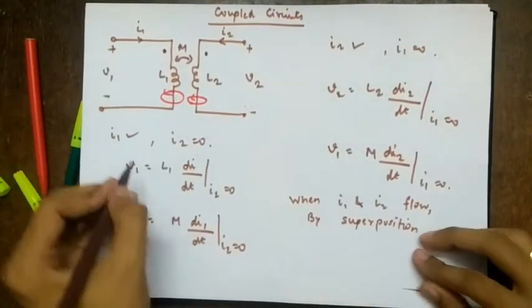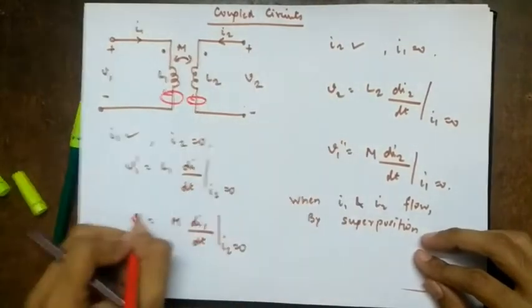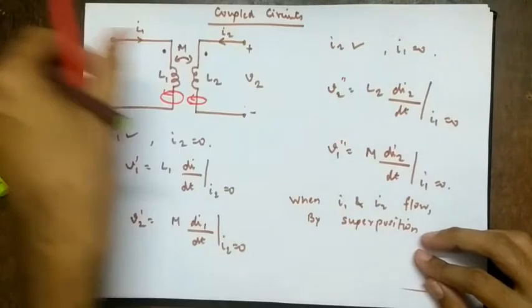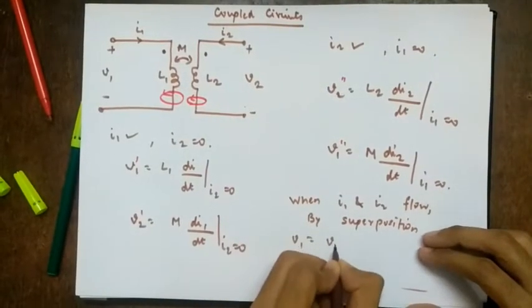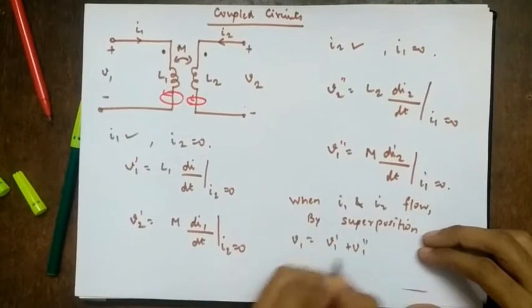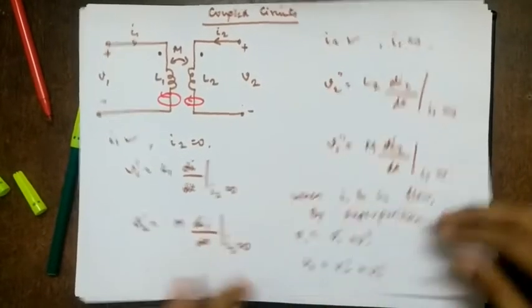So what will be V1? This will be like V1 prime, this will be like V1 double prime, this will be like V2 prime, this will be like V2 double prime. So what will be V1? It will be V1 prime plus V1 double prime. What will be V2? V2 prime plus V2 double prime. Right?